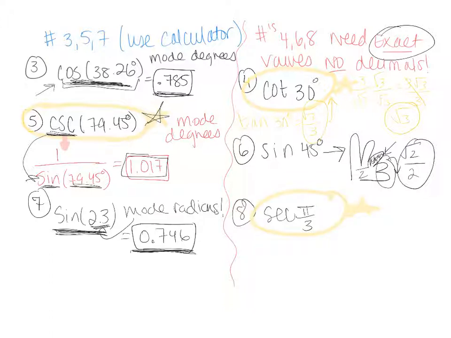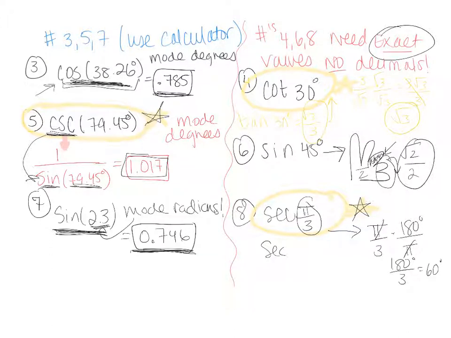Similarly, I starred number 8, secant. We're going to have to work with reciprocals, and then someone might see pi over 3 and say, wait, we need exact value. If it confuses you, just convert pi over 3 to degrees. So we have 180 degrees divided by 3, which becomes 60 degrees. So think of this as the secant of 60 degrees.